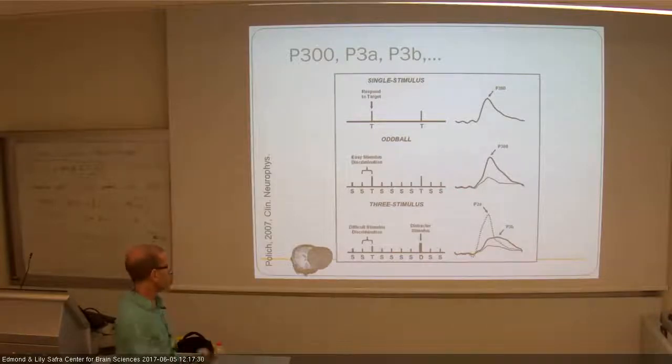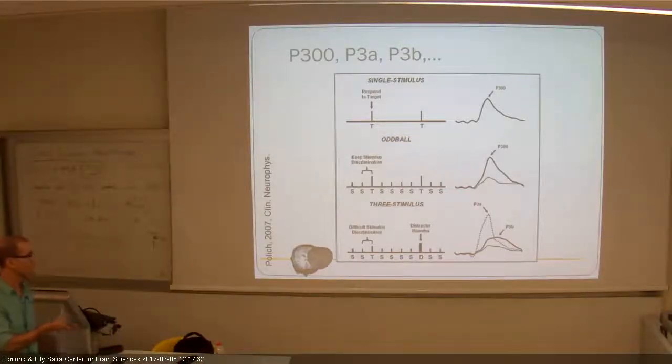So the P3A is considered to be an orienting response. Something happened that I need to take care of. Maybe it requires my attention. So it's an orienting response, and some people call it the novelty P3A, or novelty P3. And the target response, the oddball, that's a big question. What exactly are we seeing? Why do we see this big response?